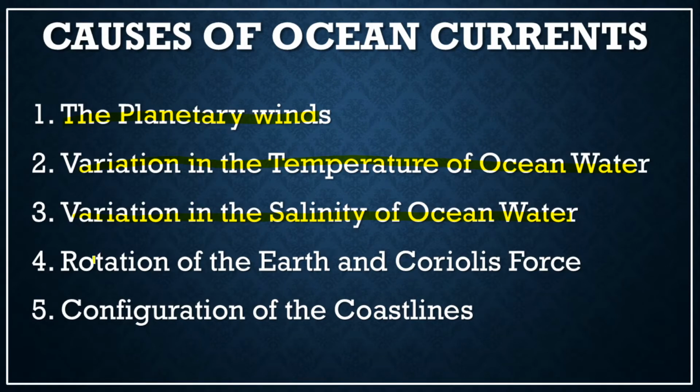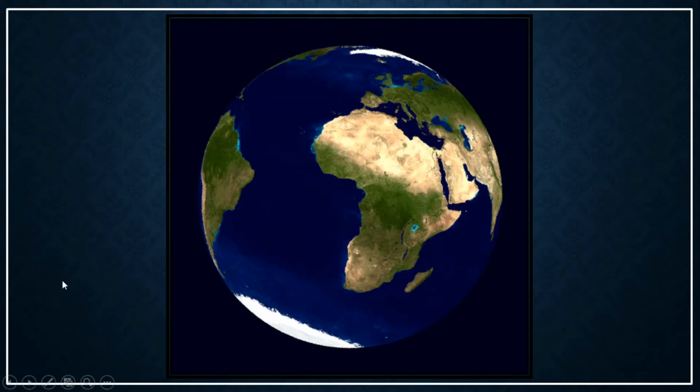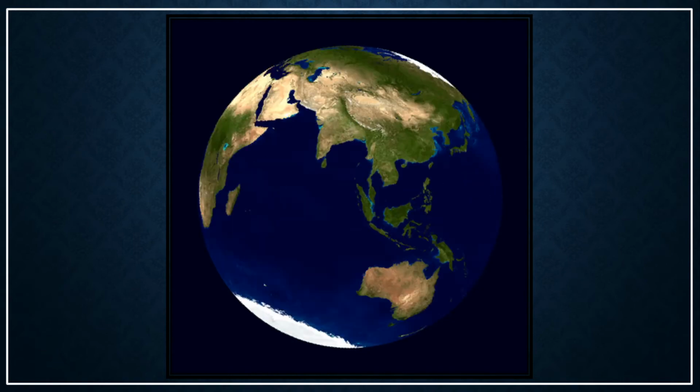The next important cause of ocean currents is rotation of the earth and the Coriolis force. Now, the earth is rotating at a very great speed. Due to this, a force begins to act on the earth, which is known as the Coriolis force.